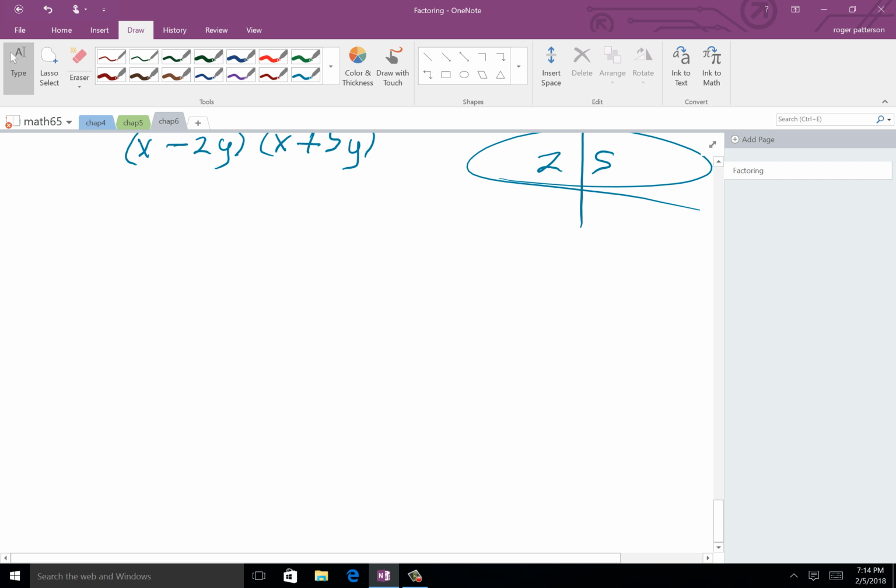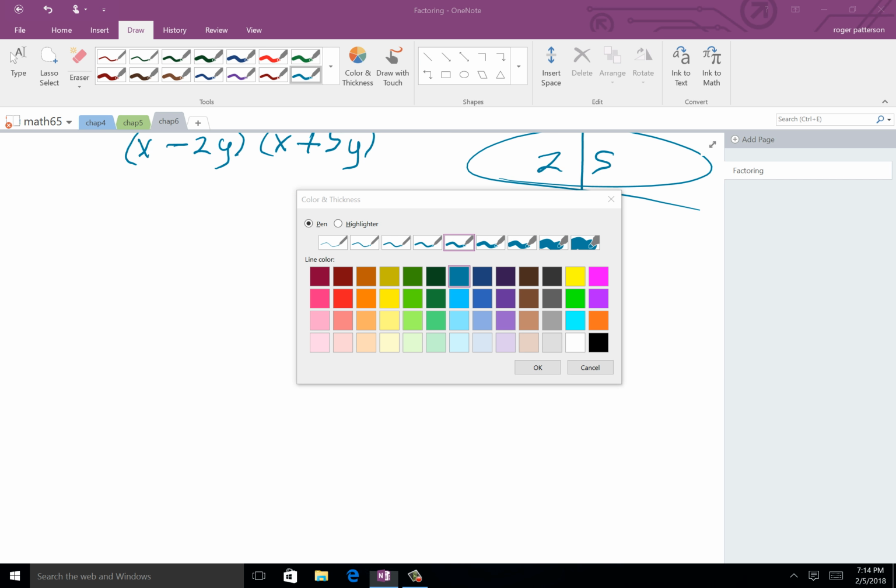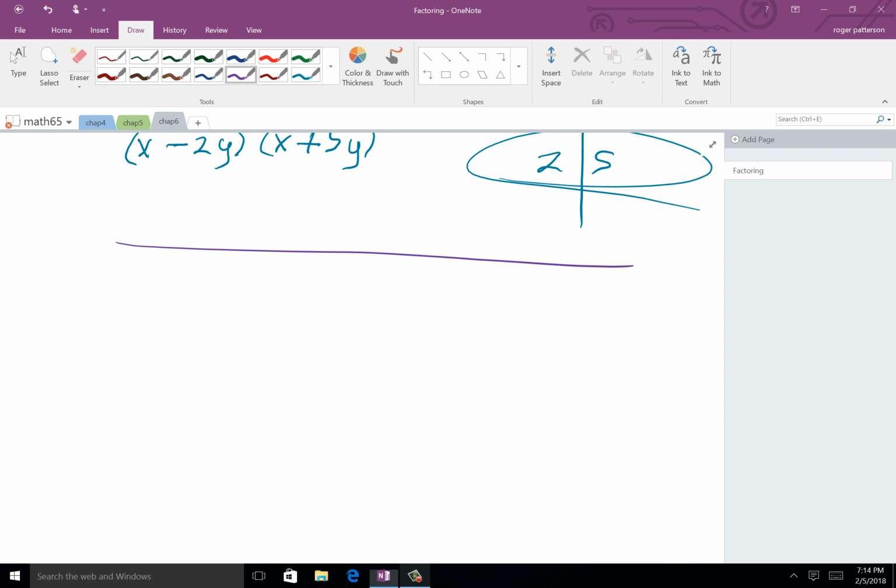Okay, so we'll do trinomials part 2 here. All right, and talk about grouping a little bit at the same time. Okay, so on your homework assignments, I'll give you some practice problems to work on.